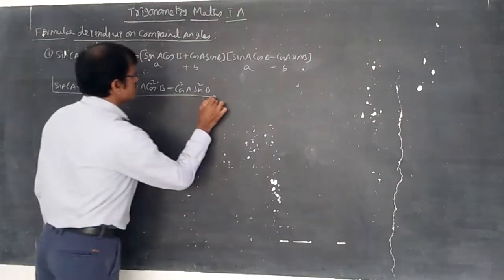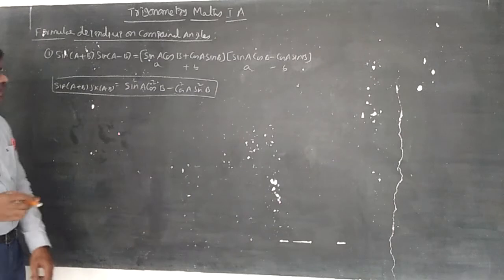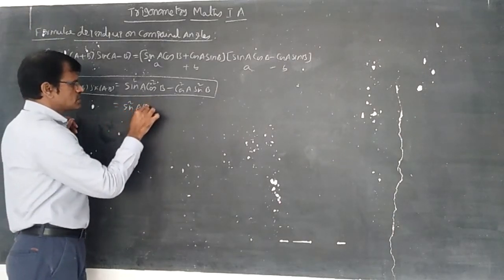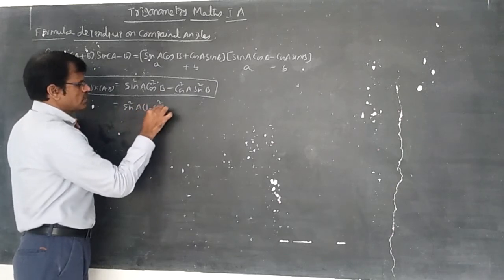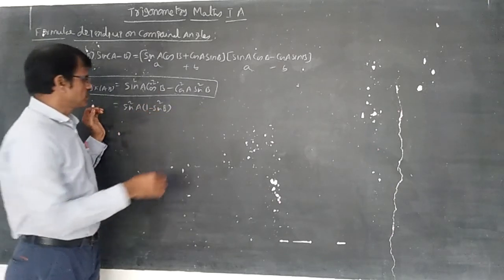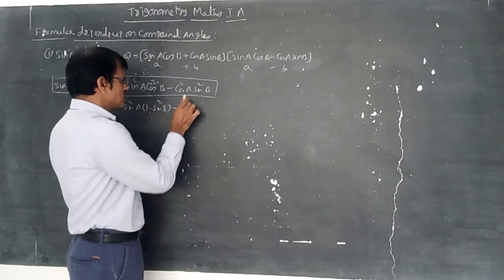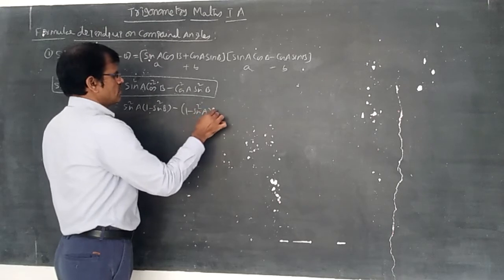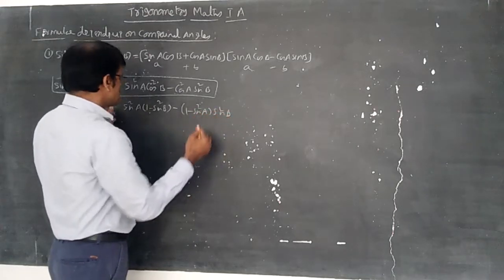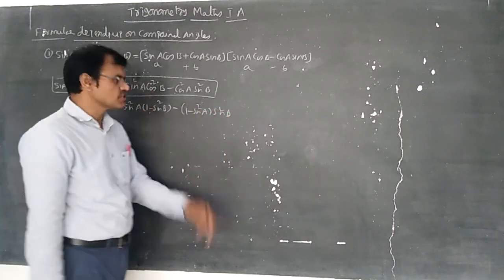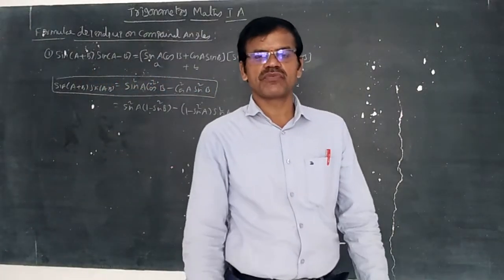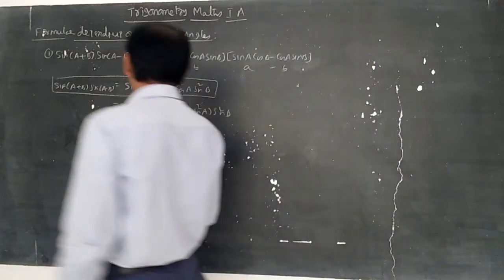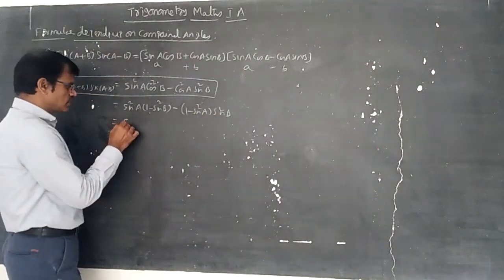But this is not the most useful form. We generally instead write sin square A cos square B with cos square B as 1 minus sin square B, and cos square A as 1 minus sin square A. So the formula is in terms of sin, with no cos term.